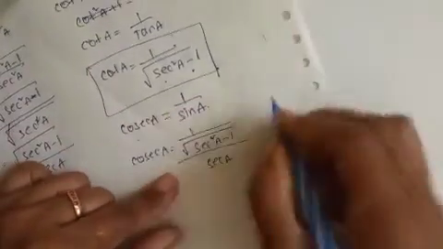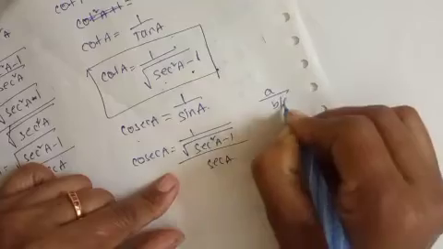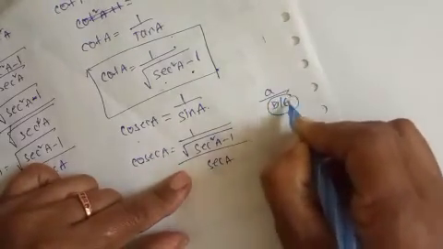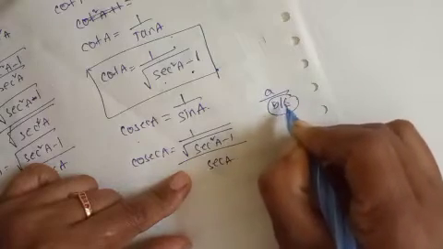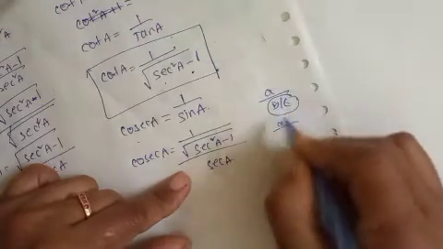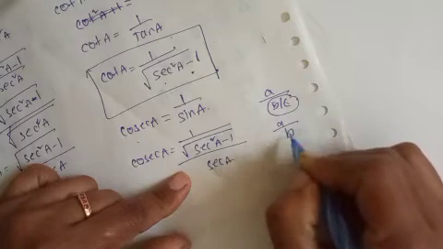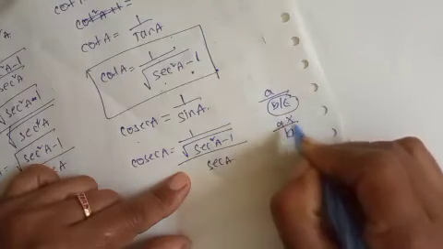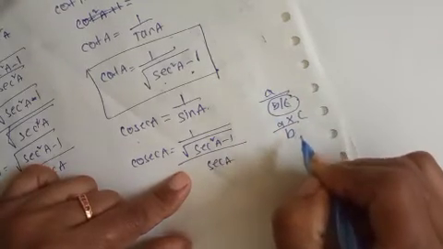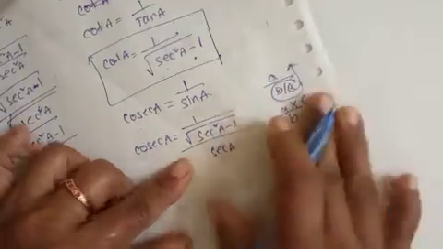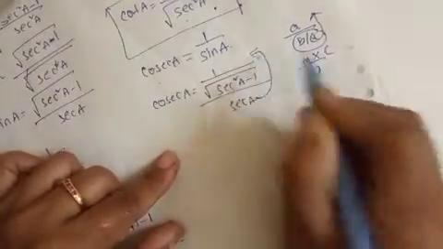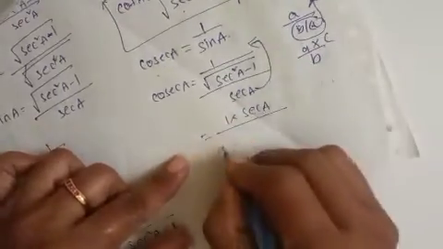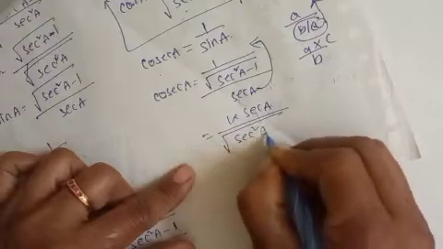Here this is in the form of A divided by B by C. So in the numerator we have a fraction value. A divided by B by C equals A into C divided by B. So this value goes to the numerator. 1 into secant A divided by square root of secant square A minus 1.